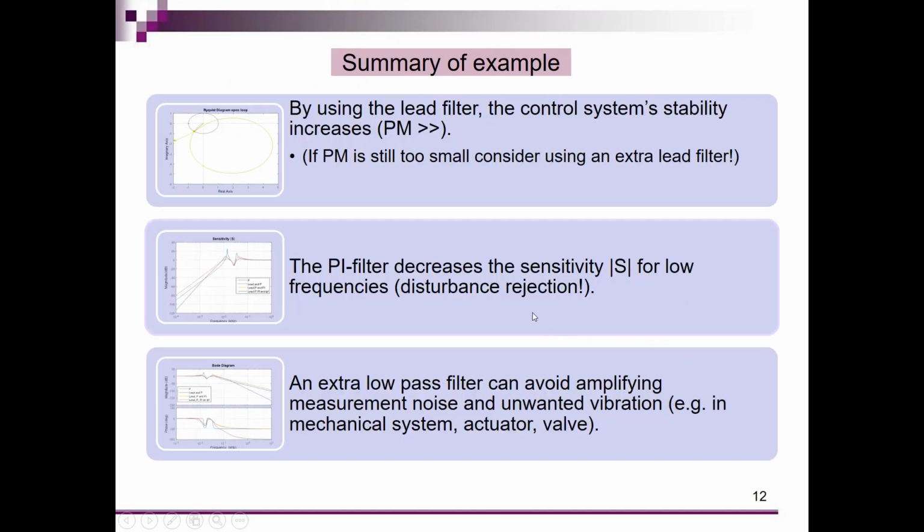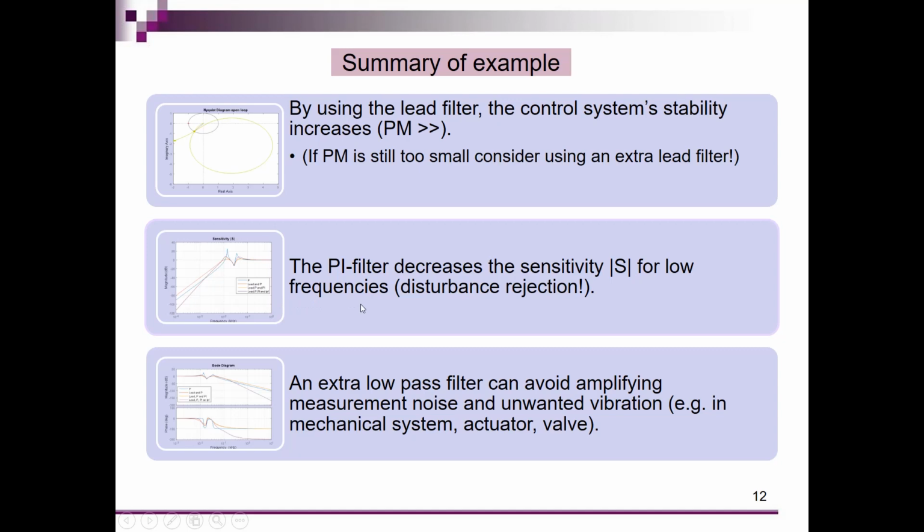So, summary, by using this example, we have seen that using a lead filter is really important because it increases the system's stability. The phase margin increases. That is very important. Implementing a PI filter decreases sensitivity for low frequencies. That is what it does.